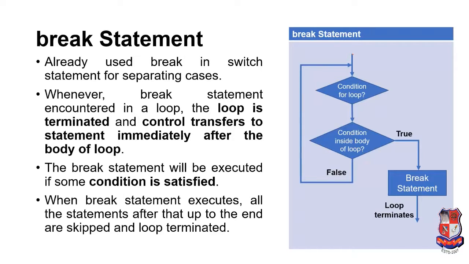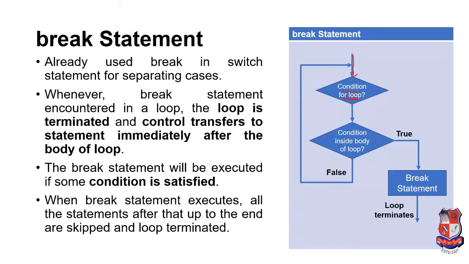For example, firstly, our program control is given to the condition, and this condition is the one available inside the loop. For example, if we are using a for loop, then it is the condition available inside the for loop. We'll check it, and if it is true, then control passes inside the body of the loop.